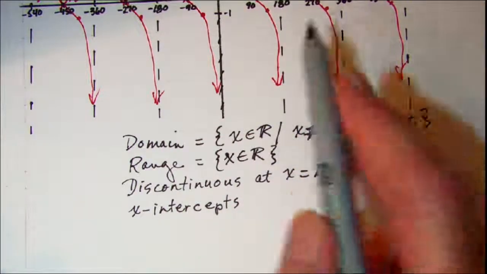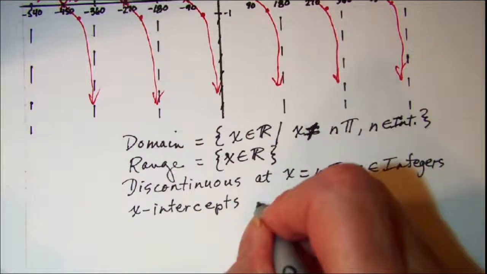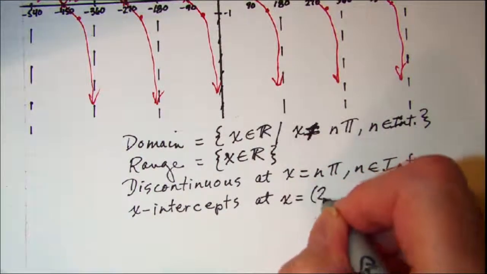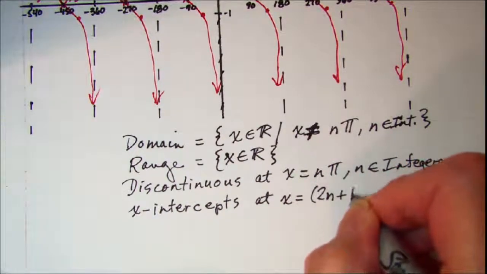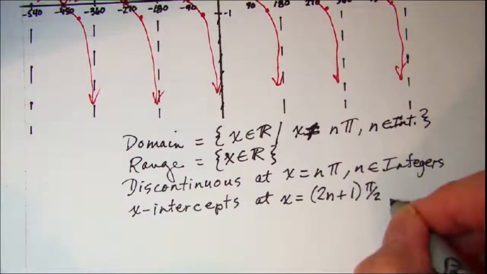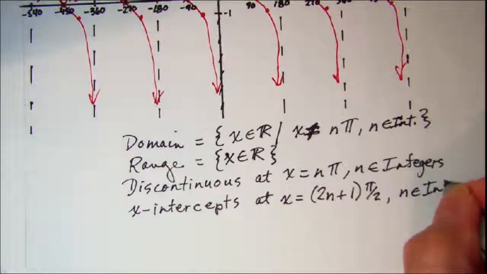So those are the odd multiples of pi over 2. And you designate an odd number with 2n plus 1. And again, n is an element of the set of integers.